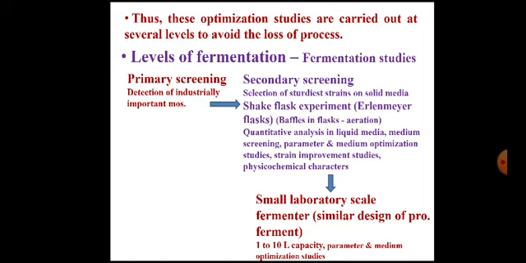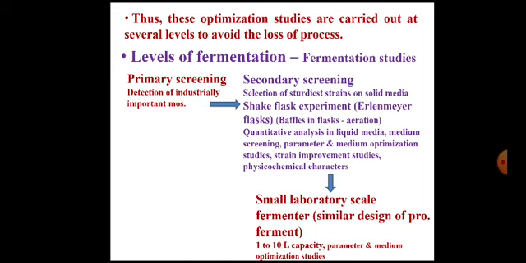So it becomes easy to study the parameters at small scale, and that data can be applied for the operation of the next level fermenter. This fermenter has a capacity of approximately 1 to 10 liters.